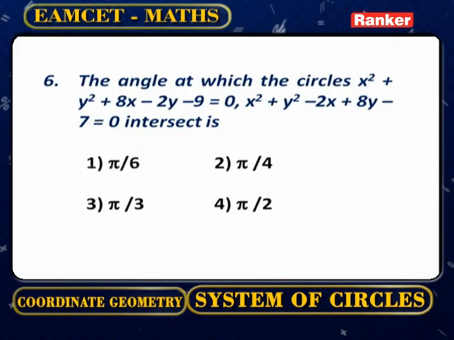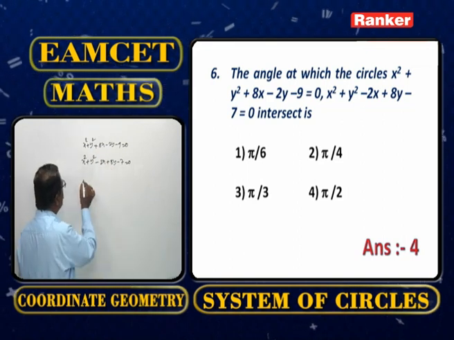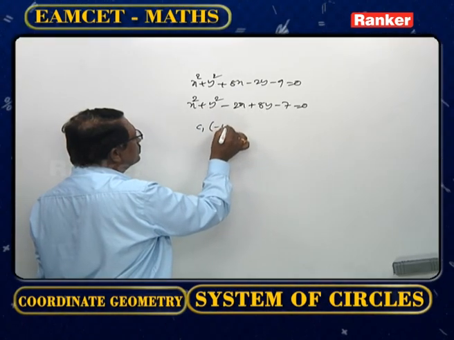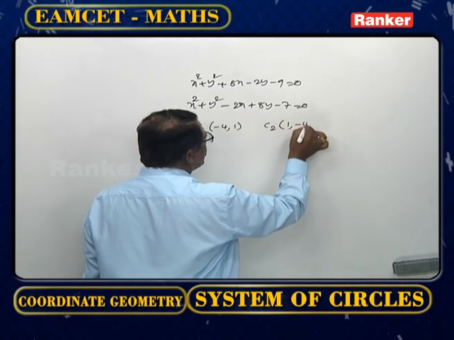The angle at which the circles x square plus y square plus 8x minus 2y minus 9 equals 0 and x square plus y square minus 2x plus 8y minus 7 equals 0 intersect is... Now the center of the first circle C1 equals minus 4 comma 1, the center of the second circle C2 equals 1 comma minus 4.